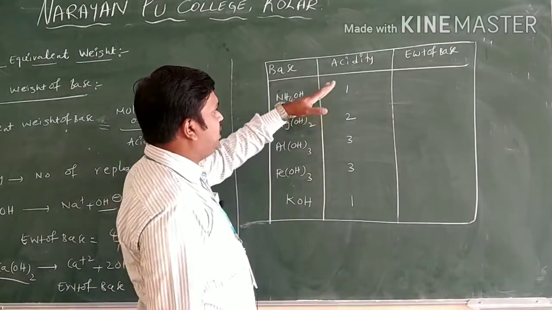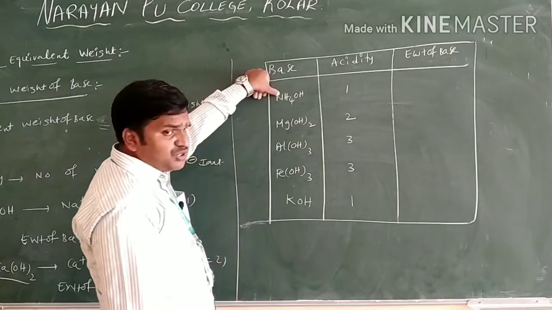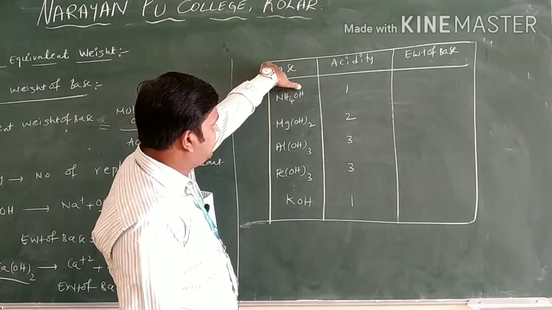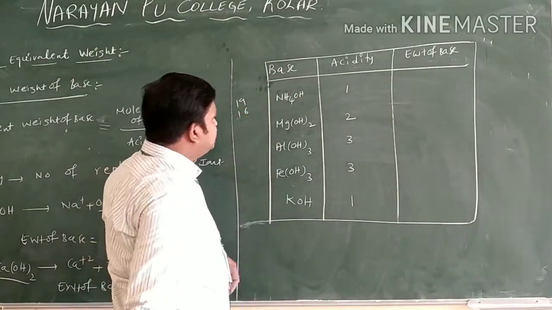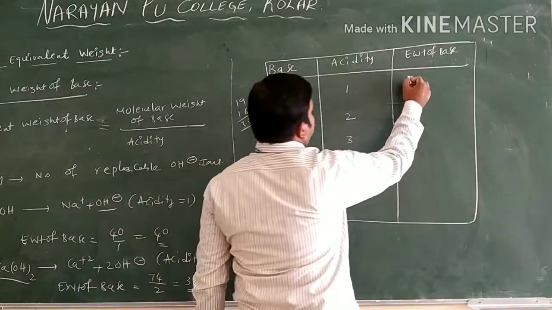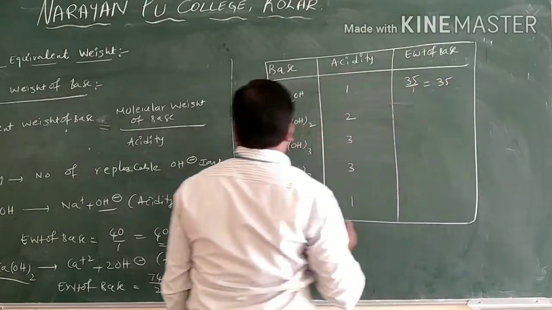You can find out the equivalent weight of the base only. Ammonium hydroxide, we have nitrogen 14, 14 plus 4 here 18, 18 plus 1 is 19, 19 plus 16 we have 35 only. This is 35 by 1, that is equal to 35 only.